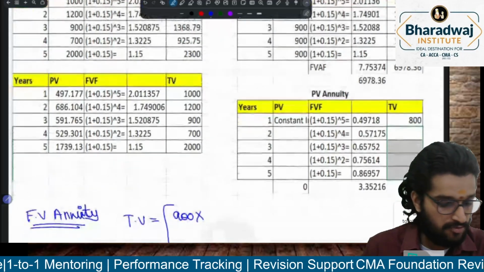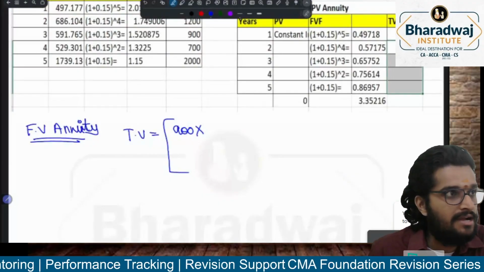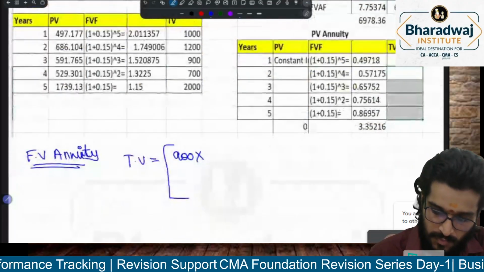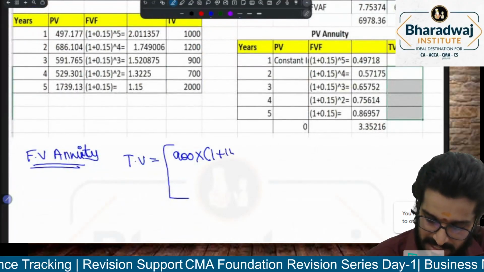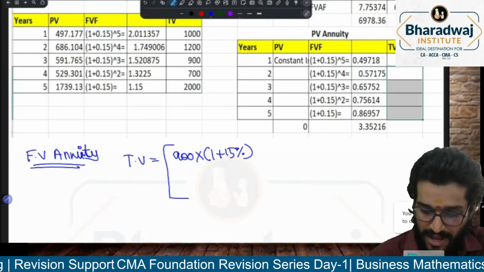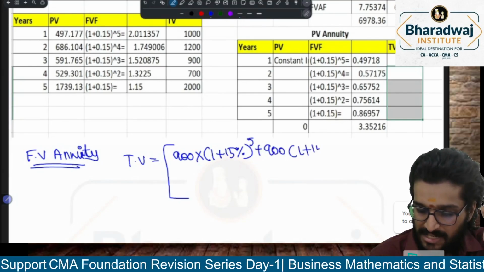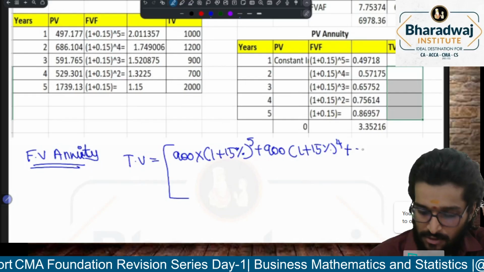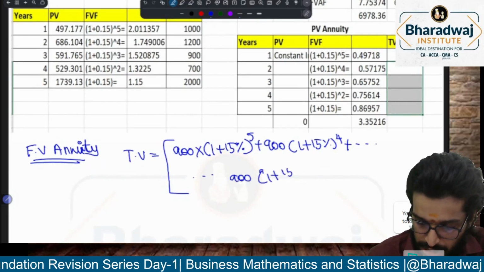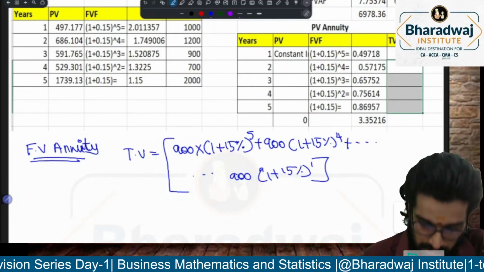Okay, I will give a break for 15 minutes after this. 900 multiplied with 1 plus 15 percentage power 5 plus 900 multiplied with 1 plus 15 percentage power 4 and goes on till 900 multiplied with 1 plus 15 percentage power 1. 900 is common in all the terms, so I can take it out.